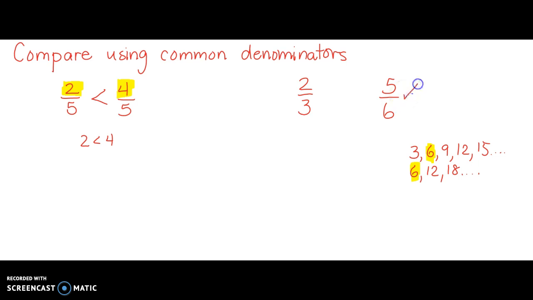Now 5/6 is already written with 6 as its denominator. So let's rewrite 2/3 as sixths. So how do I go from 3 to 6? What whole fraction can I multiply 2/3 by to give me sixths? Well, let's see. I know that 3 times 2 is 6.